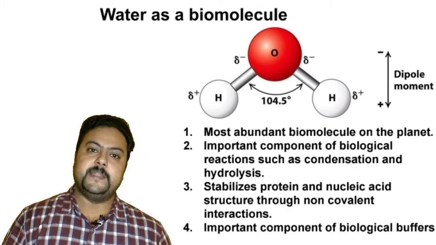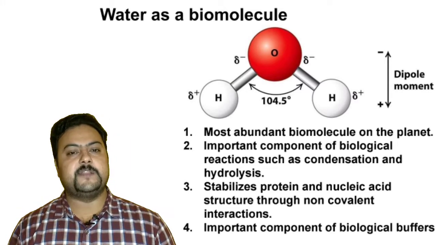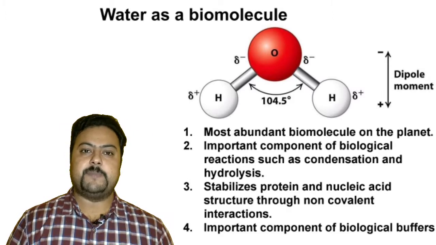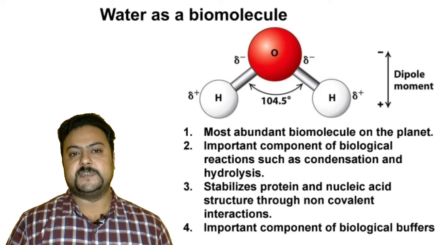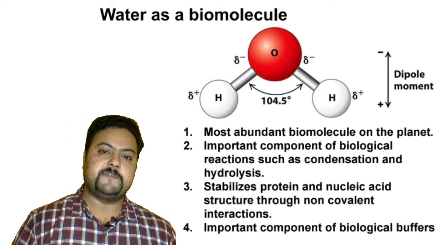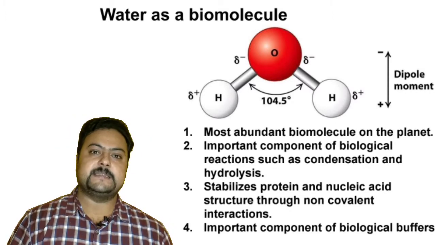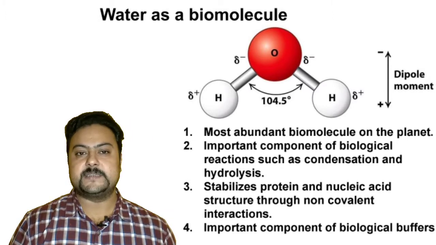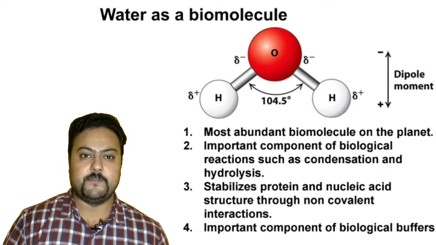When we work in molecular biology or cell culture, we use different kinds of biological buffers such as HEPES, we use biological buffers such as Tris, we use biological buffers such as the phosphate buffer. All of these buffers, the principal component is water. So water acts as a biomolecule, it acts to stabilize other biomolecules within the system. So it is very important that we start with the basic understanding of water.